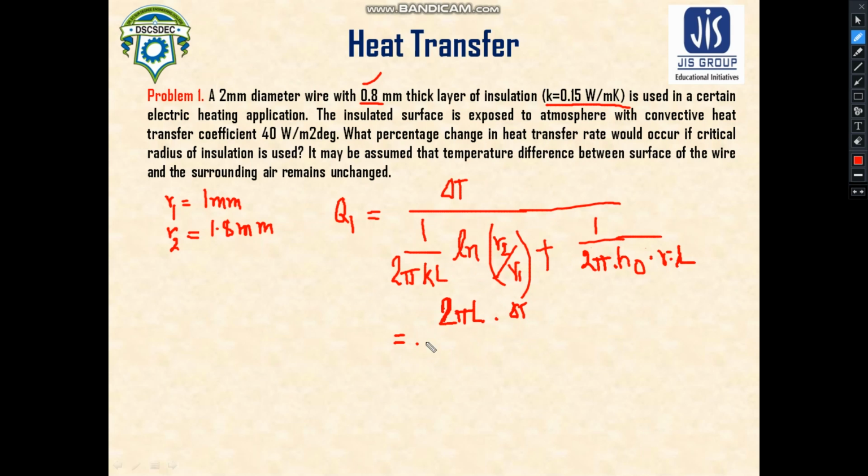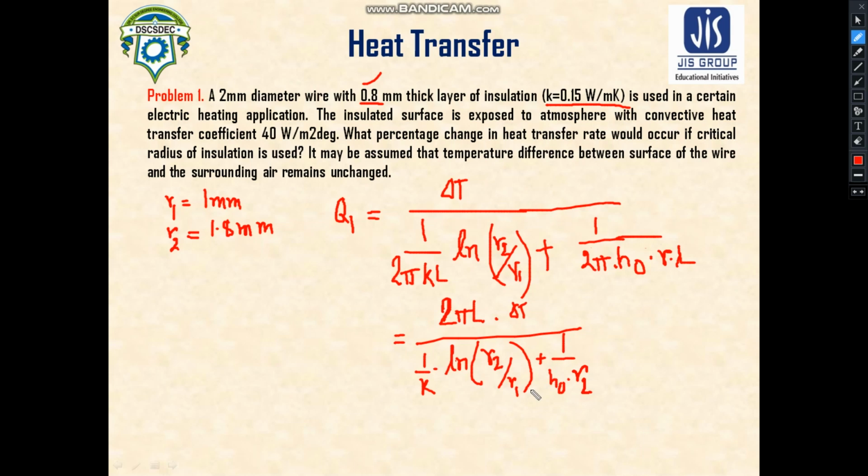You can see that it becomes 1 by k into ln of r2 by r1, right? Very simple. And in the second case it would become 1 by ho, that is the outer surface.